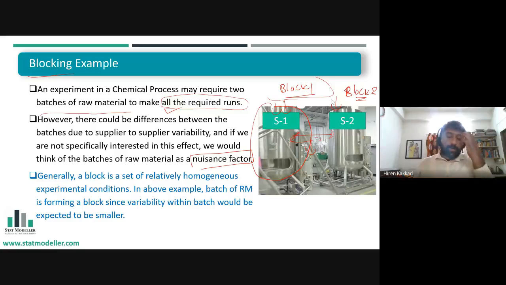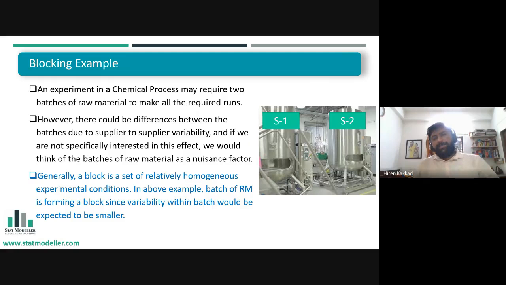Now, another very important aspect, which is the base of blocking theory, is that a block is a set of relatively homogeneous experimental conditions, right? What do we mean by homogeneous experimental conditions? In this example, we are expecting a difference between batch one and batch two, or supplier one and supplier two, and that is why we keep them as blocks.